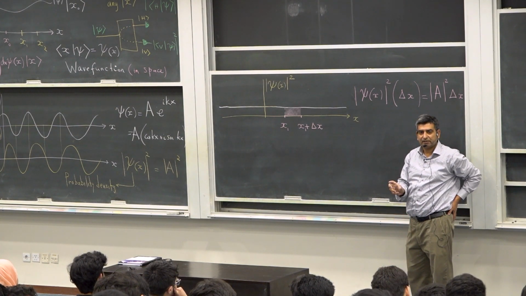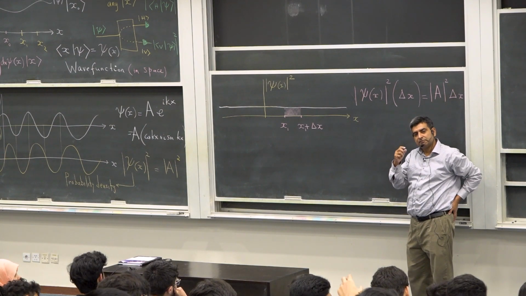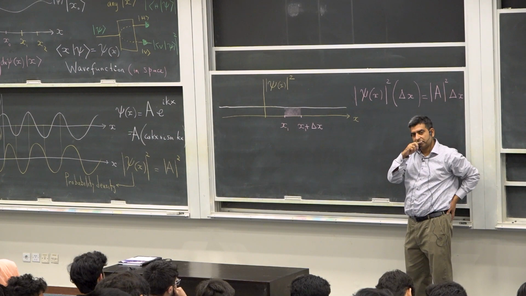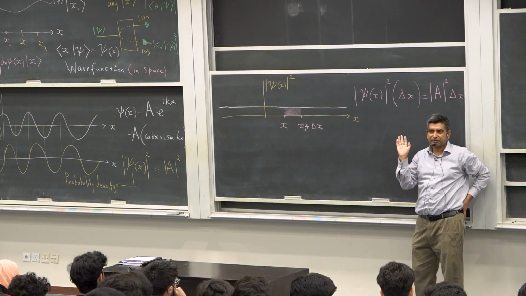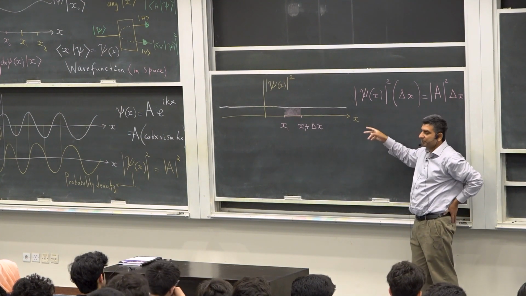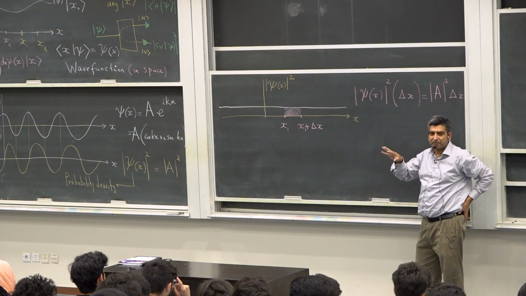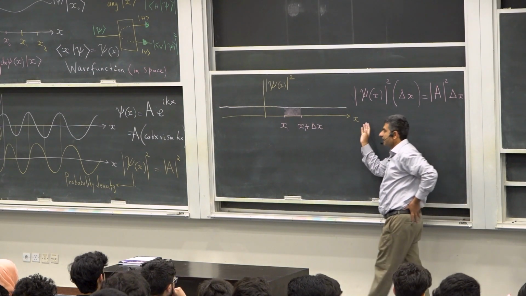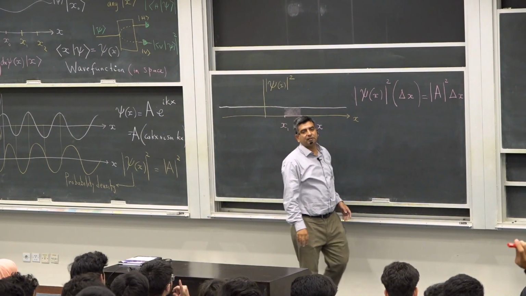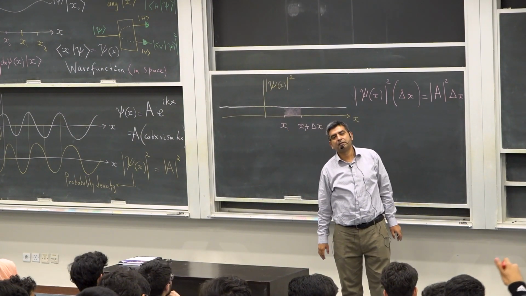Yes, please. Sir, in this case, the graph is a straight line, so the psi square is equal to A square, but that will not always be the case. Right. So this is just a hypothetical scenario. No wave function can be of this kind because you want the probabilities to sum to 1. So this is just a hypothetical case which goes from minus infinity to plus infinity. Yes, please. So the units are per meter?